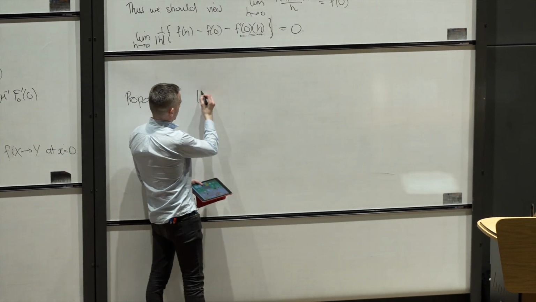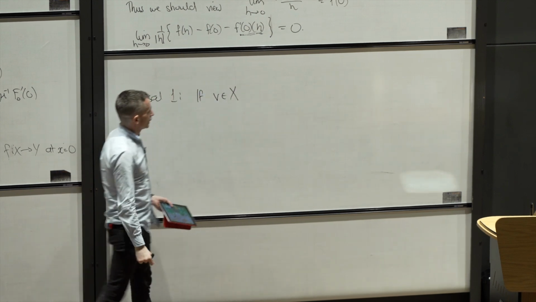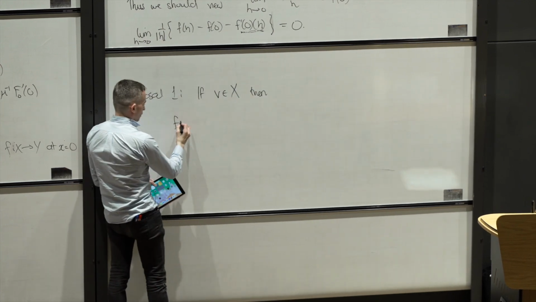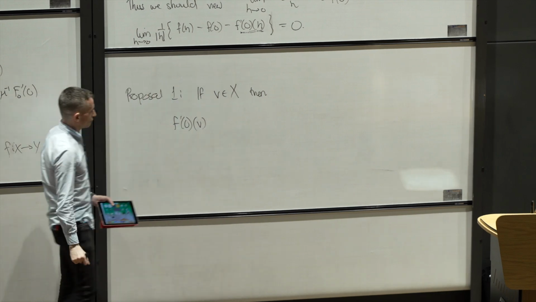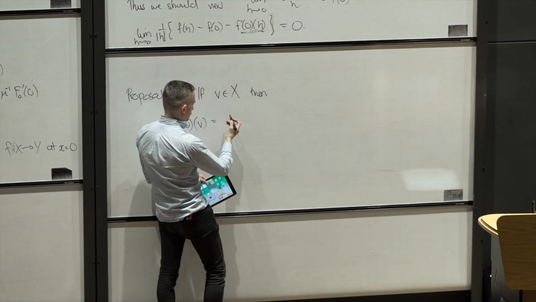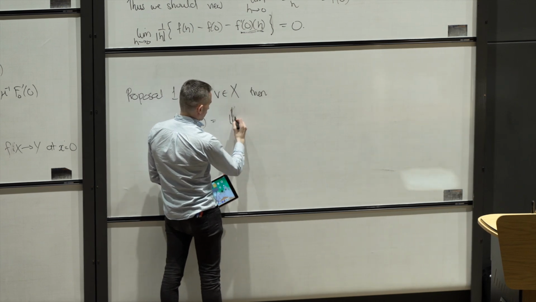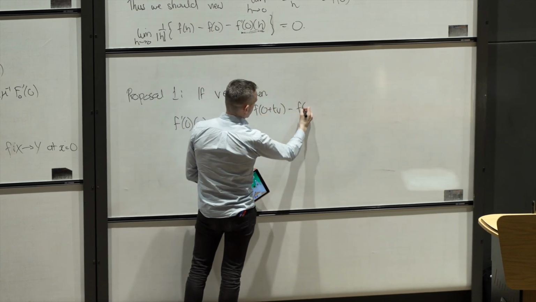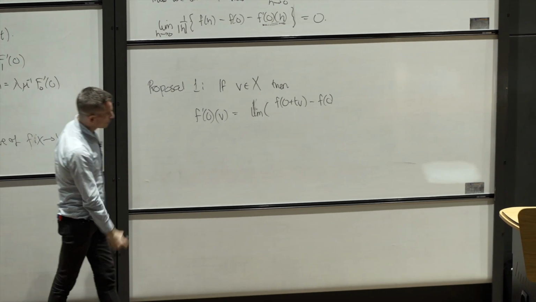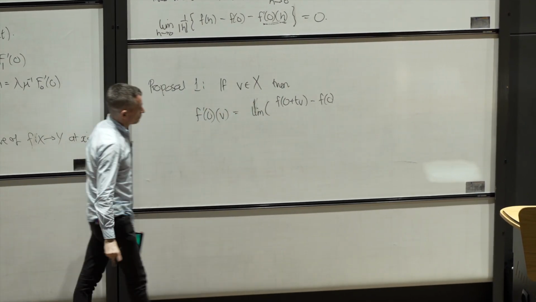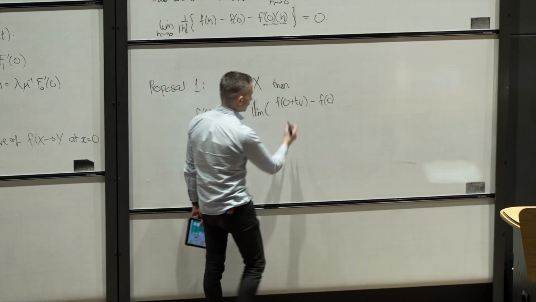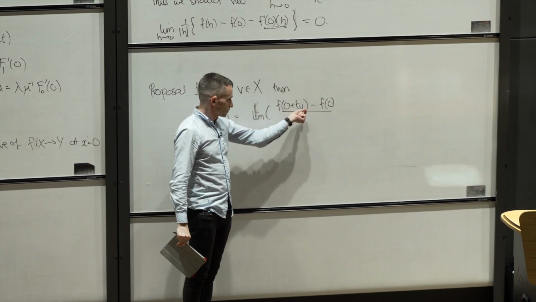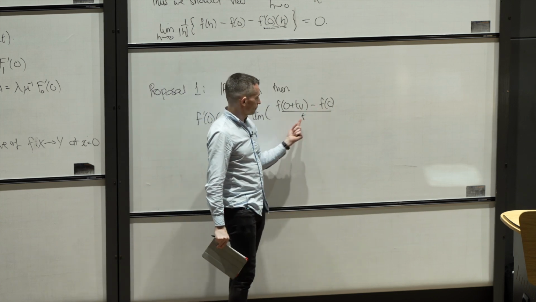So what we can do is say that if we have a vector v in x, then the derivative at 0 on that vector should be the limit of f of 0 plus, if I just use a scalar t to vary the length of the vector but keep it in the same direction, then I can consider the difference of f of 0 plus a small perturbation in the direction v, minus f of 0, all over t.